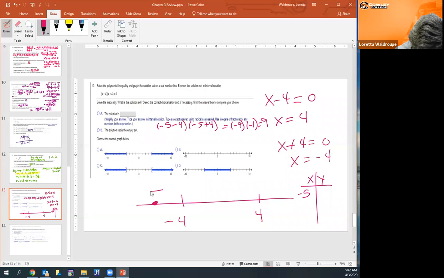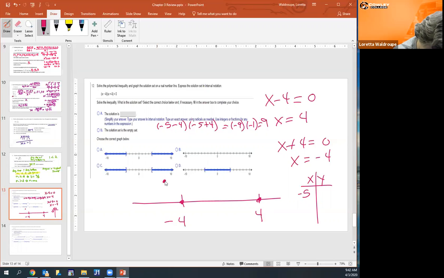So this area is positive. So it's going to be up above. I know I crossed these, so negative 5, 9 is up here somewhere.